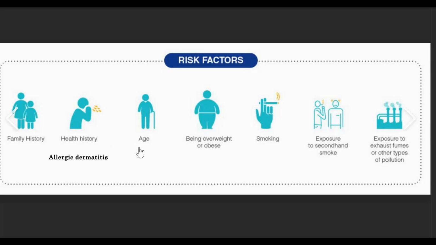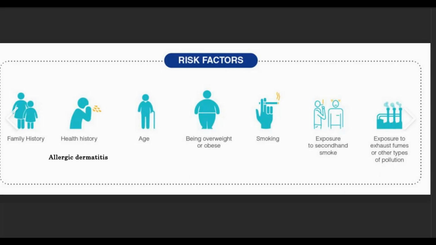As age increases, the risk increases. Obesity increases the risk. Smoking or exposure to secondhand smoke also increases the risk of an asthma attack. Also, exposure to any harmful irritants, fumes, or allergens can increase the risk of asthma.